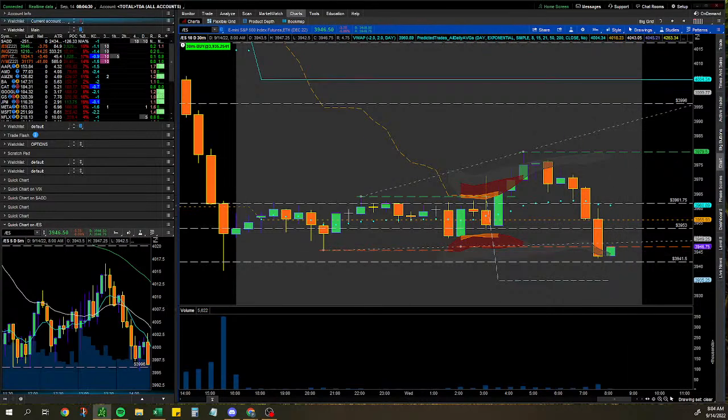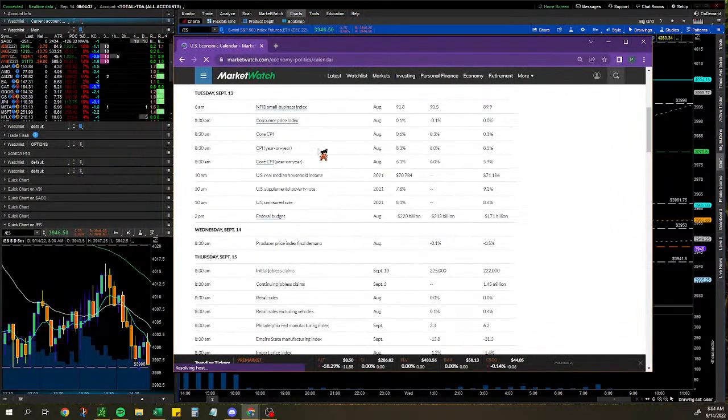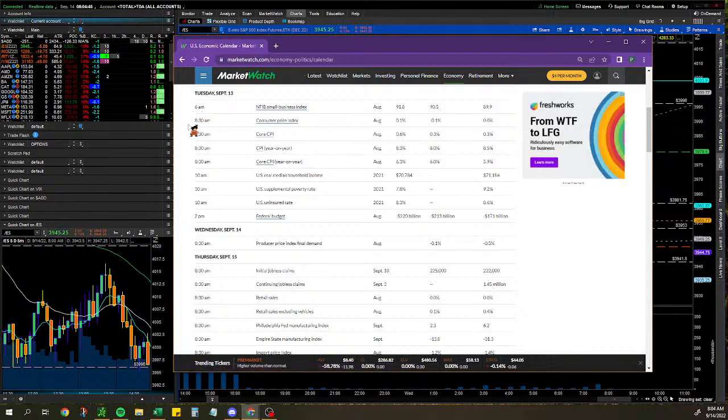We do have more economic data coming out today. Yesterday it was Consumer Price Index, CPI. We always want to pay attention to CPI. This gives the market information about how inflation is going.